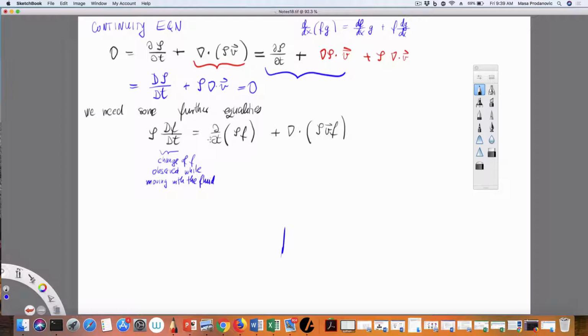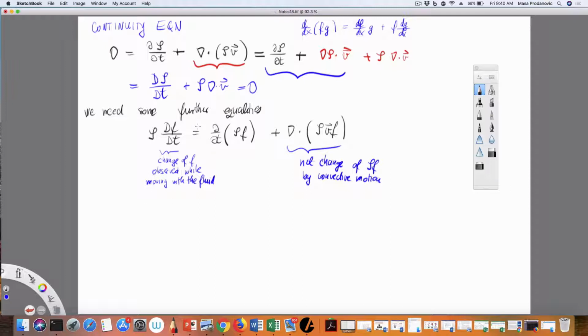And this divergence is my net change of rho f by convective motion through the boundaries of some small volume. You can derive this if you take the equation of continuity and write down what df dt is. Again, the equation of continuity helps in deriving this.